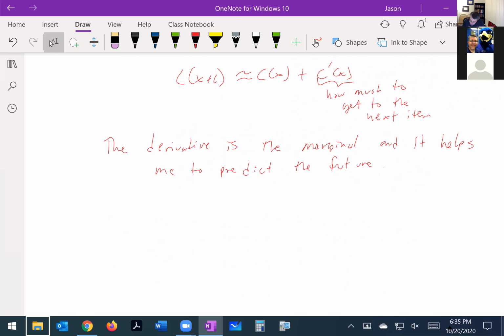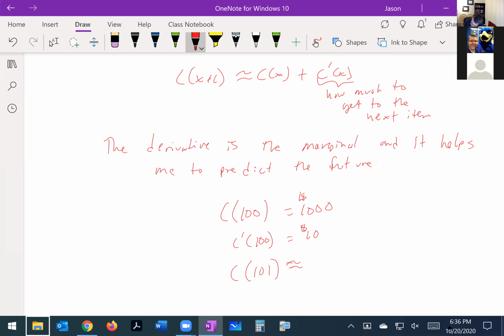For example, if I told you that up to today it cost me $1,000 to make 100 items, and that to make the next item it costs me $10 more, then I would say, in order to get the cost of the 101st item, I would just add these together.